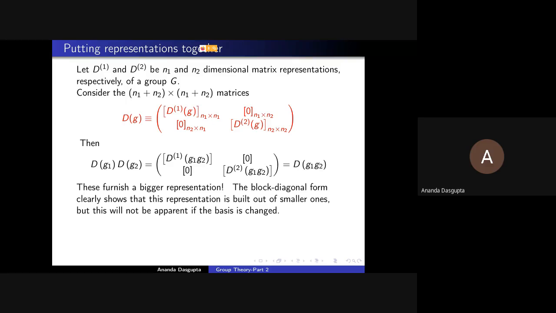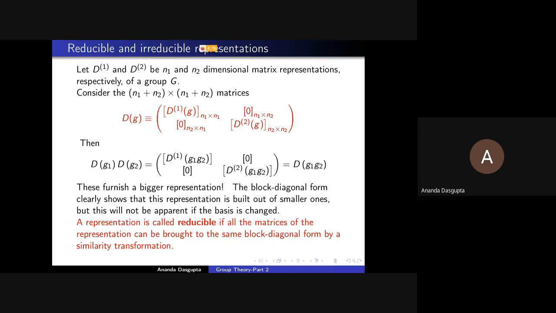That means it may not be so easy to find such a thing. In fact, one major job of group theory is to make such a block diagonalization easy for you, give you hints as to how to proceed so that this block diagonalization essentially becomes trivial. More importantly, it tells you whether you can block diagonalize at all or not.